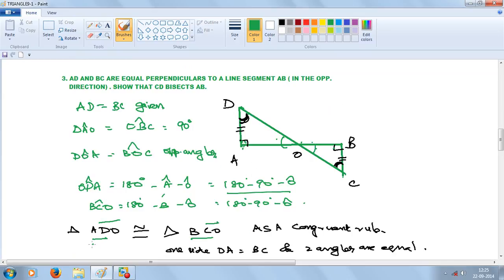AO you take here, it's BO. So therefore AO is equal to BO, same order. Therefore O bisects AB.